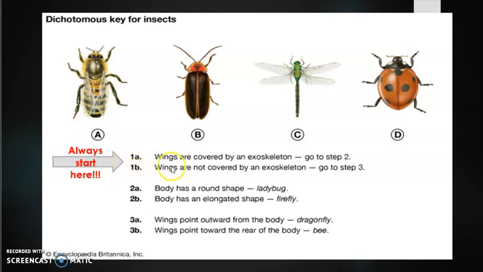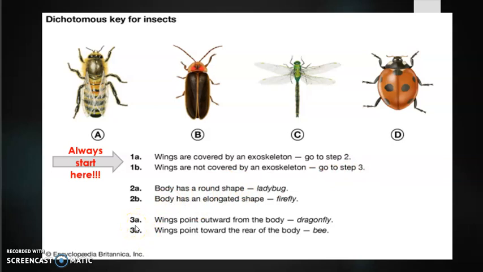So statement 1, wings are covered by an exoskeleton, or wings are not covered by an exoskeleton. These wings here, you can see them. There's no exoskeleton on top of them, so we are going to go with choice 1B. So 1B says go to step 3. That means I skip over the 2's and I go down to 3.